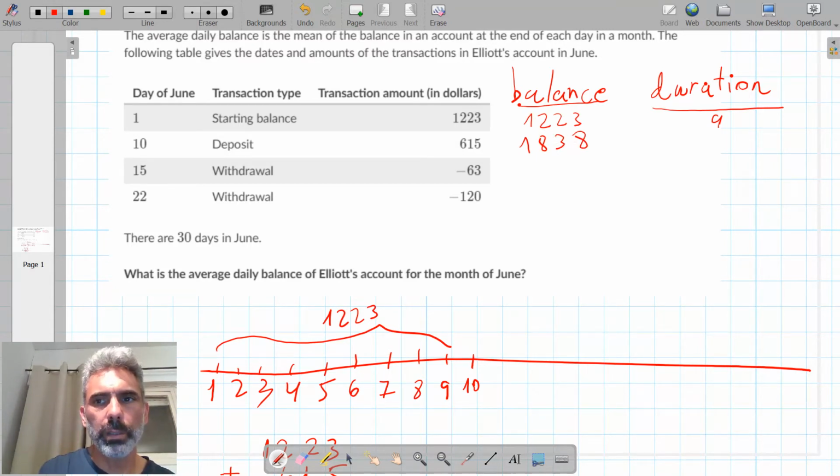This balance has stayed the same for 5 days.